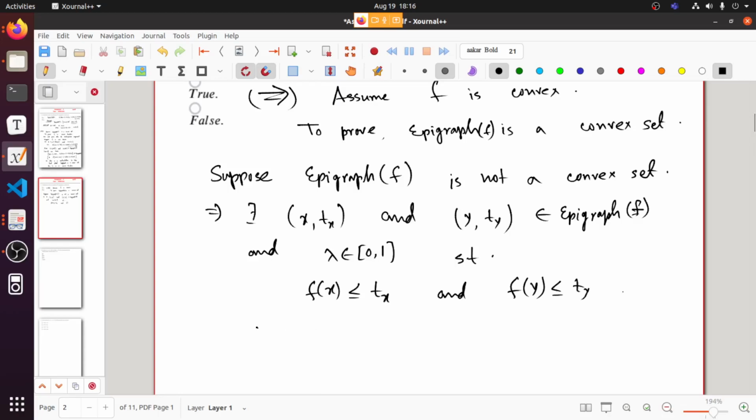And the linear combination (lambda x plus 1 minus lambda y, lambda tx plus 1 minus lambda ty) does not belong to the epigraph of f, right?